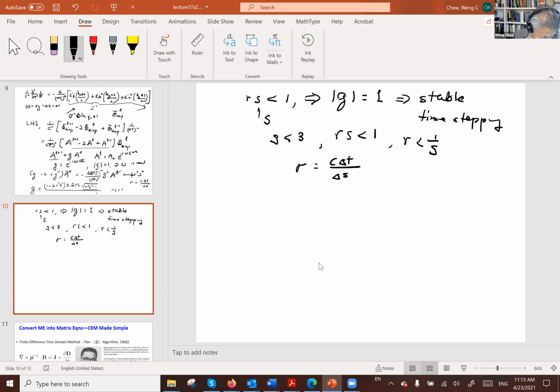And then, so if S square, if S is less than 3, let me see, sorry. S square is less than 3, not S. Okay, S square is less than 3.